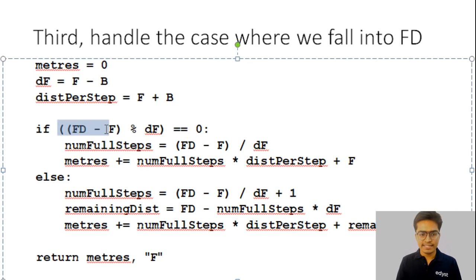Now if you look at this carefully, fd minus f, what this tells me is the distance I need to be at just before I take my final step in the forward direction. That's the distance you want to be at just before you take a step in the forward direction.